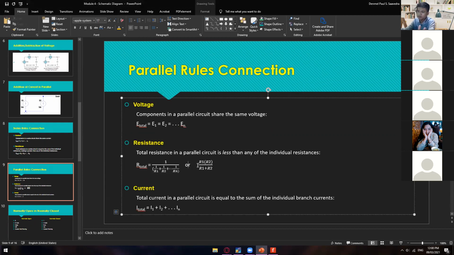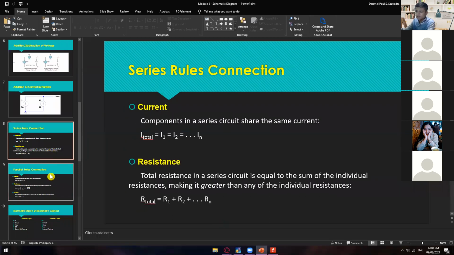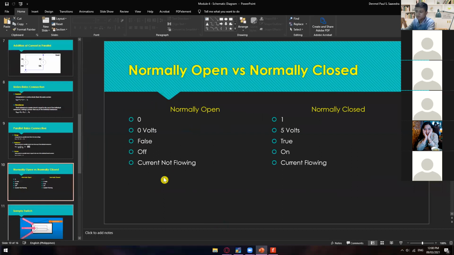If you have only two resistors, then you can use this formula. And for the current, to get the I total, we have to add all the individual nodes or junctions: I1, I2, I3, and so on, to get the I total. So this is just a recall, just in case you forget how to compute again.